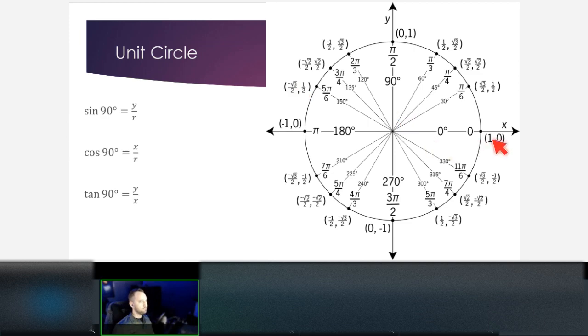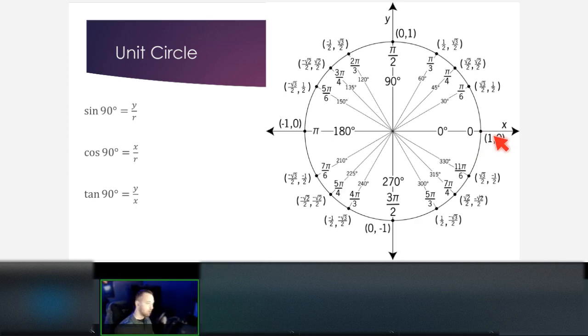All right, so this has the degrees. So 0, 30, 45, 60, 90, all the way around to 360 degrees. This number is the radians. 0 radians, pi over 6, pi over 4, pi over 3, pi over 2, all the way to 2 pi. These values in the parentheses, these are the coordinates. Now, for the unit circle, the radius is always 1, which is a very good thing.